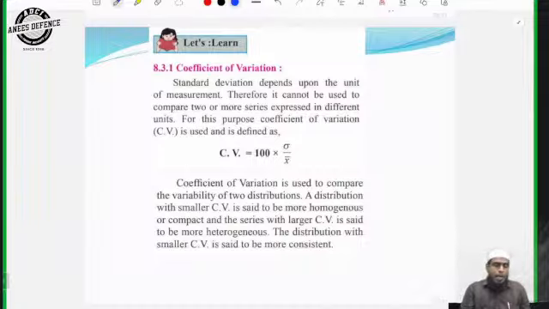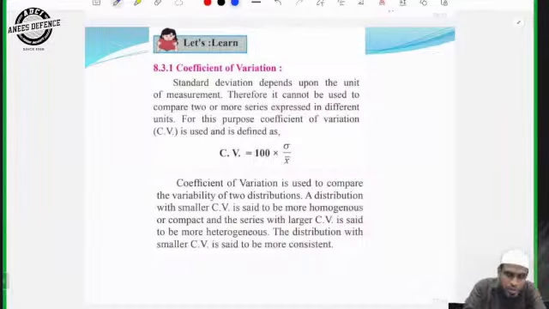But another problem with the standard deviation and variance is that the observations must be of identical units. Two different types of observation cannot be compared with the help of standard deviation or variance.